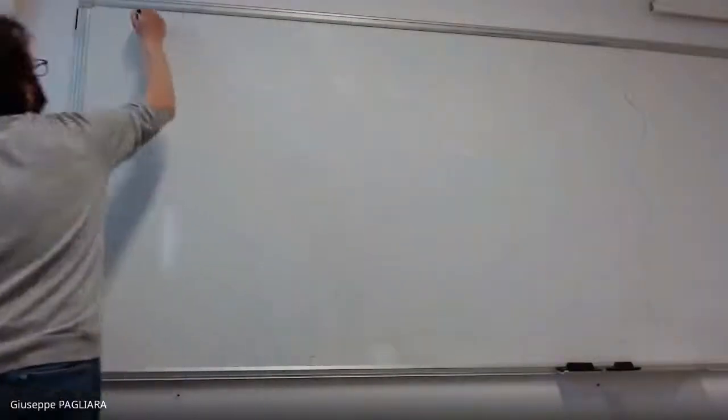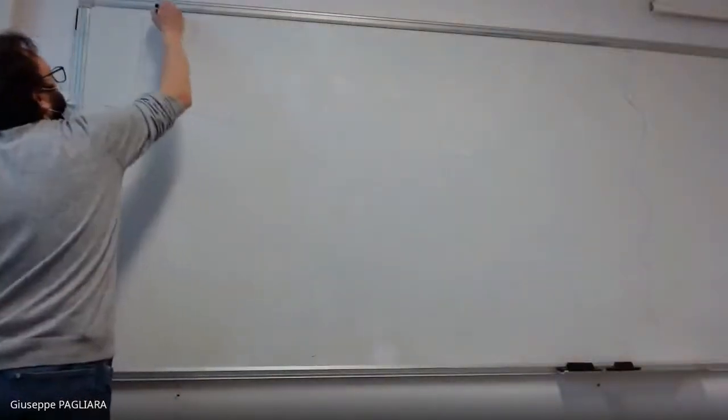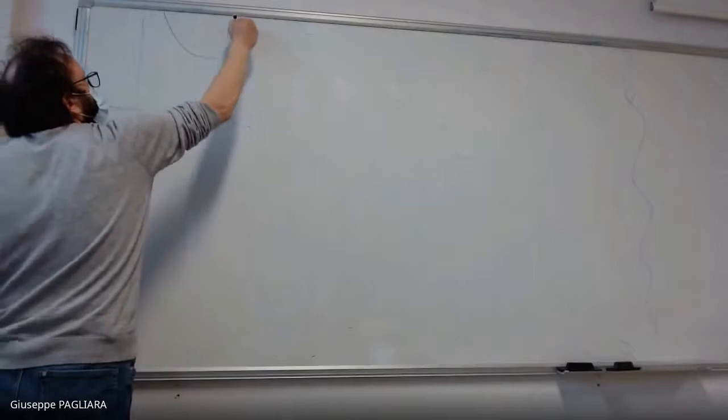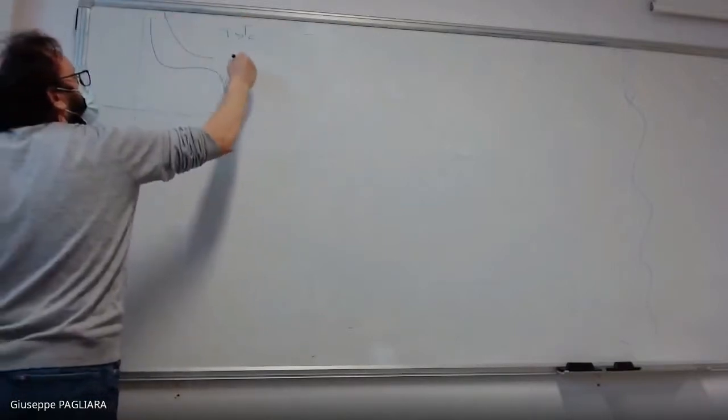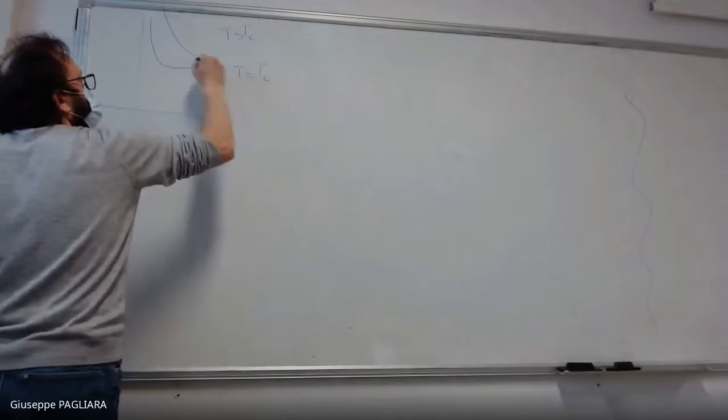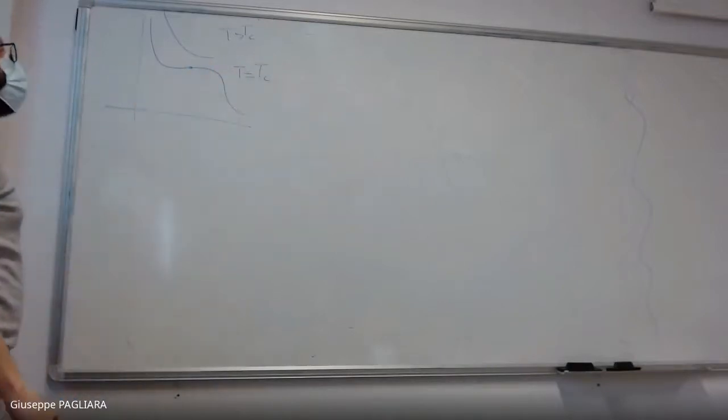So having these lines like this one, this was T larger than Tc, and this is T equal to Tc. Up to this point, the van der Waals gas is correct. It provides a good qualitative description of the physics of the phase transition.